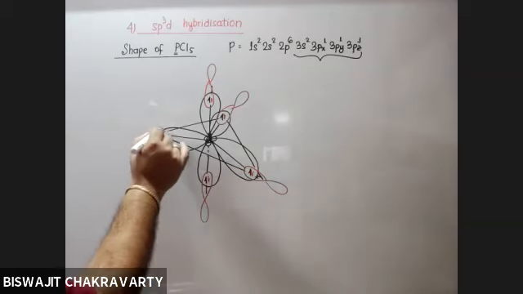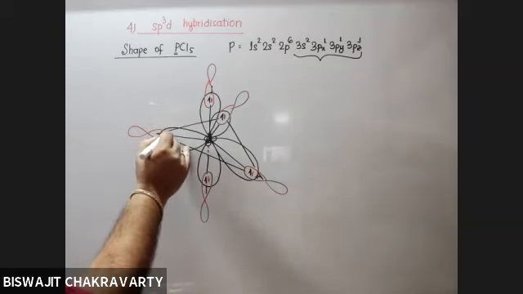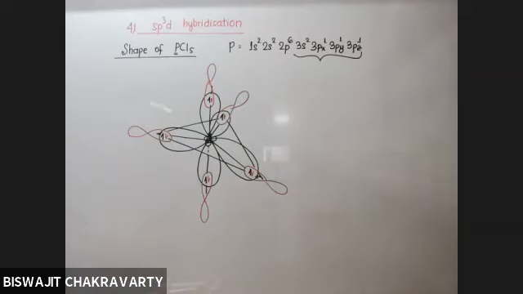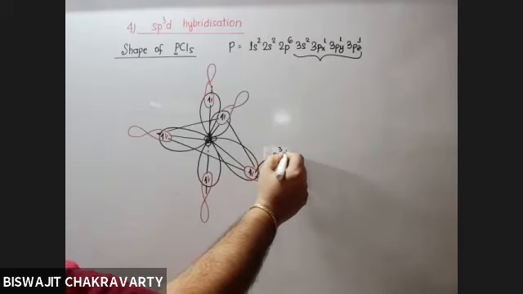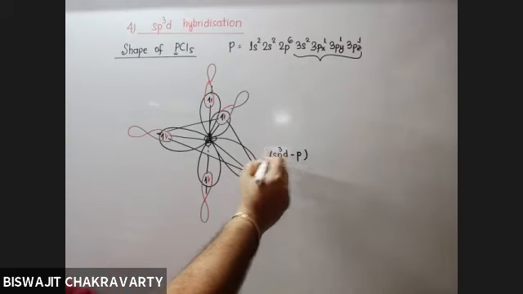Can anyone name the type of sigma bonds formed here? The 5 phosphorus-chlorine bonds will be of what type of sigma bond? sp3d-p. All of them are the same.